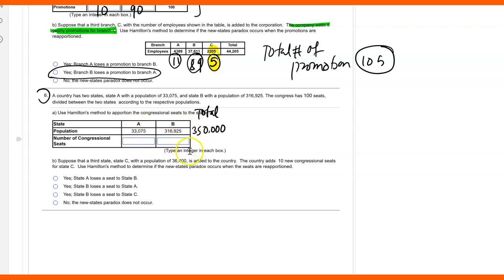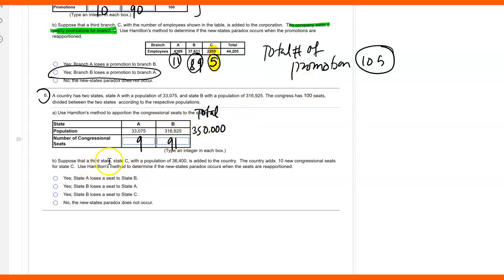And if you do the Hamilton, before you add the new state, remember that we're adding a new state in the next part, the number of seats for A is 9. The number of seats for B is 91. Okay, 9 plus 91 is 100.